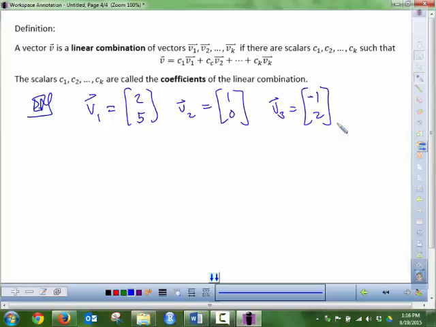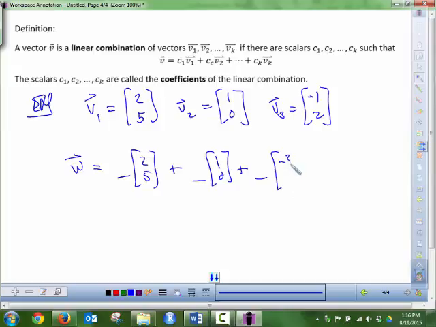A linear combination of these would just mean that I multiply this by a number and then add the vector v1, then another number times v2, and then another number times v3. What those numbers are, c1, c2, c3, are the coefficients of these vectors.